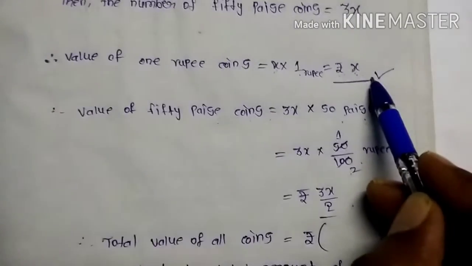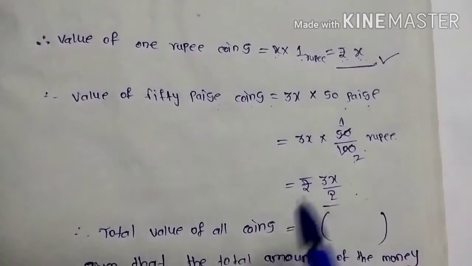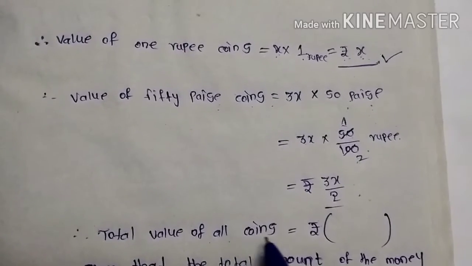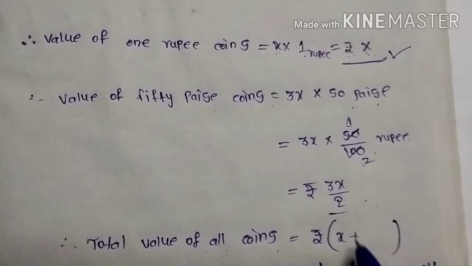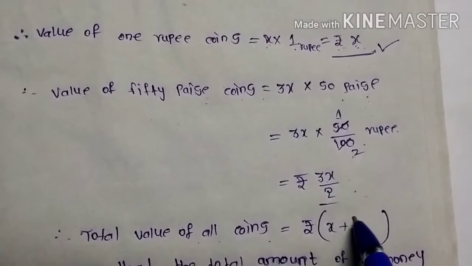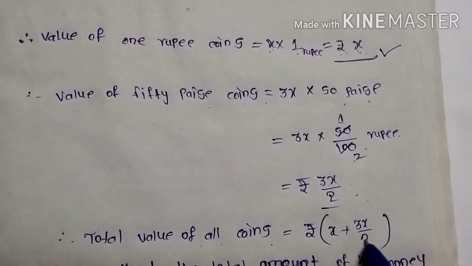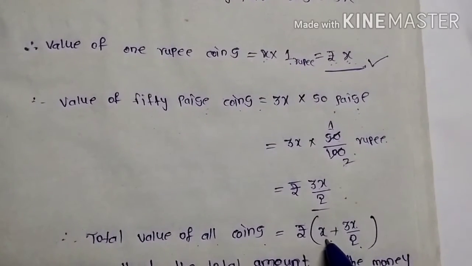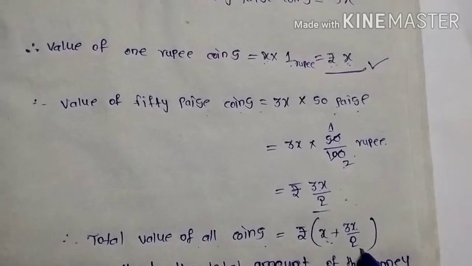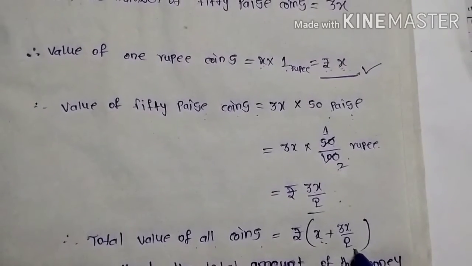That means the total value in the kitty bank will be the total value of all coins, which is x plus 3x by 2. This is the 1 rupee coins' total value, and this is the 50 paise total value.